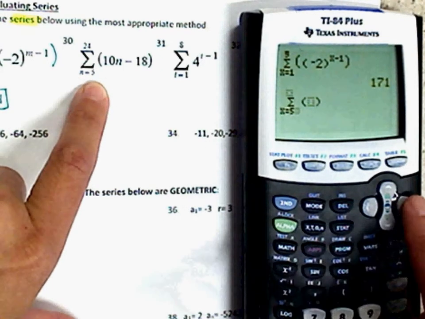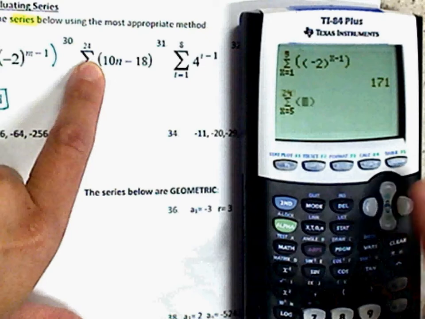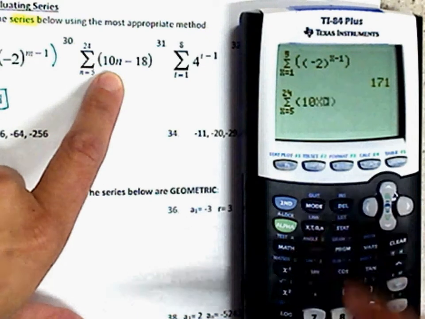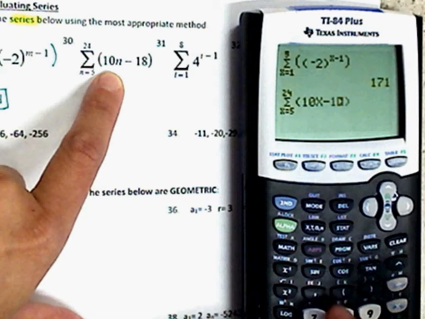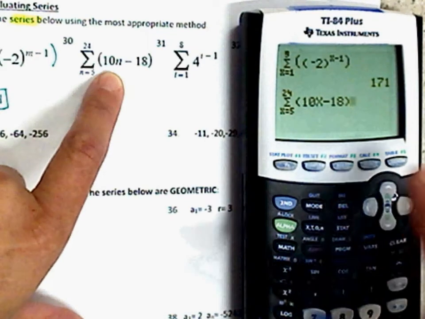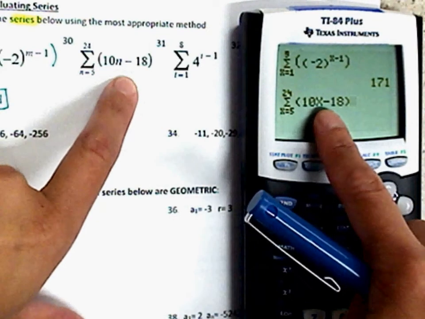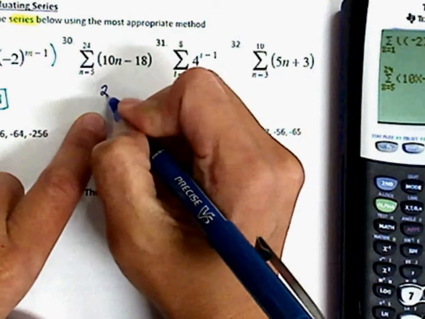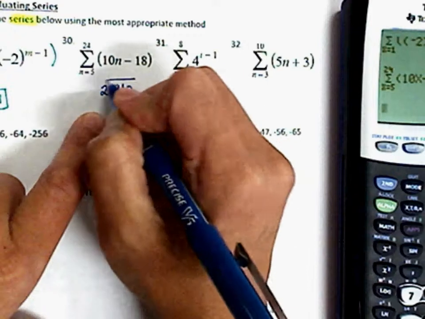Starting with my 5th term, going to the 24th term, I'm going to have 10x minus 18. Notice they look exactly alike, other than the variables. Push enter, and that solution is 2,540.